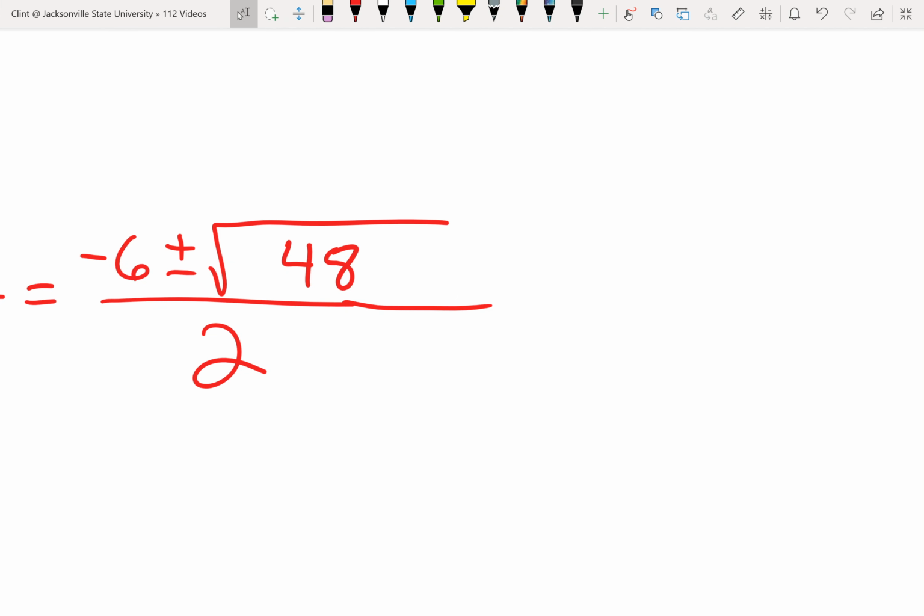Okay, let's see. Square root of 48. That is 4 times the square root of 3. Hang on, let's see. 16 times 3, so the square root of 16 would be 4, root 3.